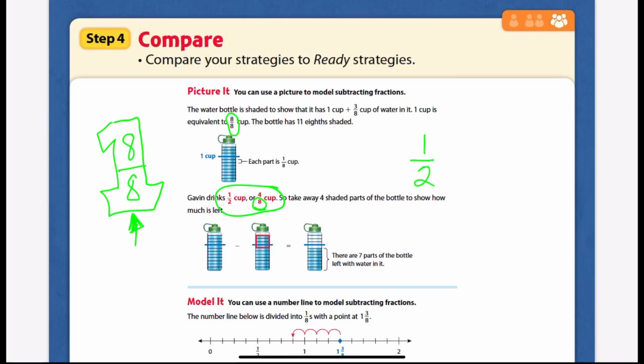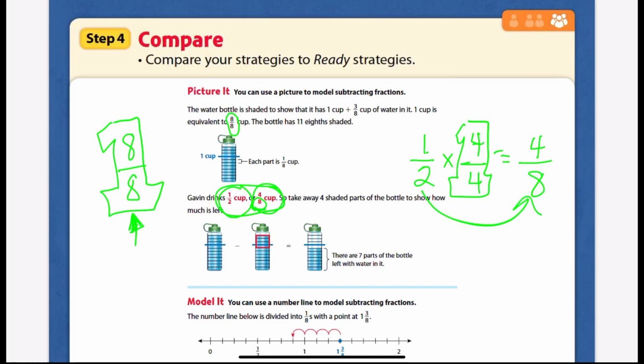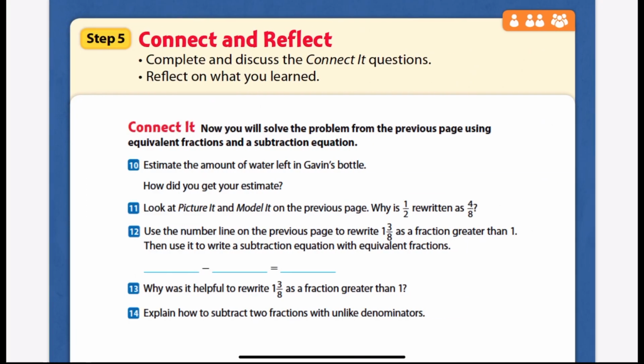So they took the 1/2 and multiplied it by what? 4, right? And then 1 times 4 is 4. So 1/2 and 4/8 are equivalent fractions, right?